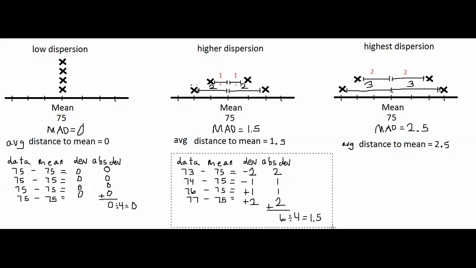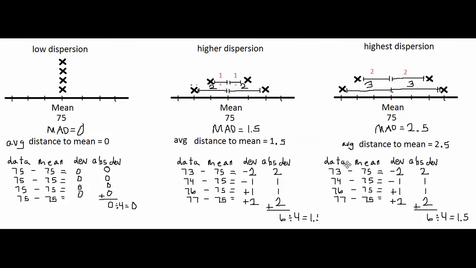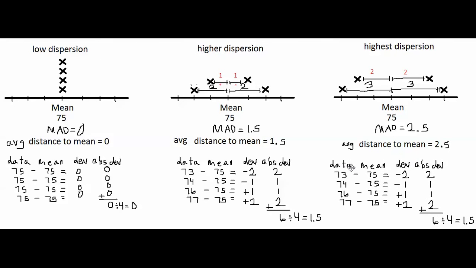If we want to get the MAD over here, we do the same thing again. So I'm going to go through all of these steps again, but once we get to the absolute deviations, we're going to see that the absolute deviations come out to 2, 2, 3, 3, because the absolute deviations are really just the distance from the value to the mean.